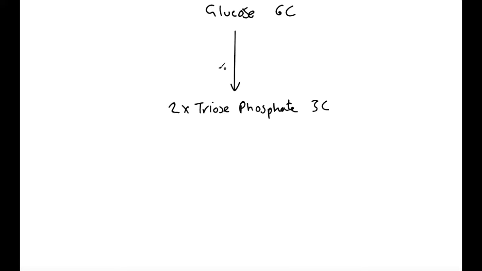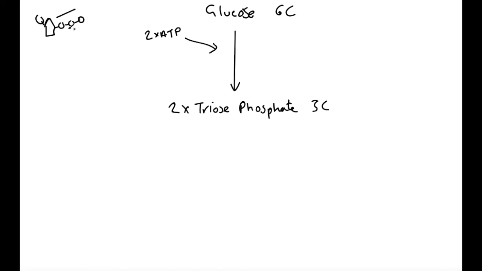The way this happens is 2 times ATP go in. But remember, ATP has 3 phosphates. These are the phosphates. And when it loses a phosphate, it ends up with 2 phosphates and then 1 floating around, so ADP.